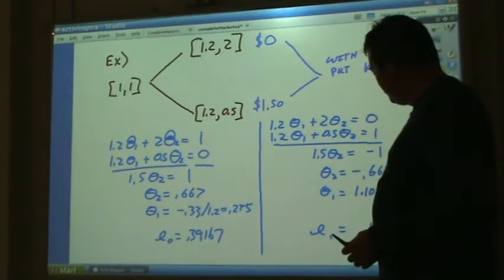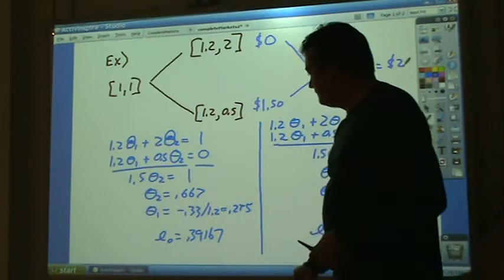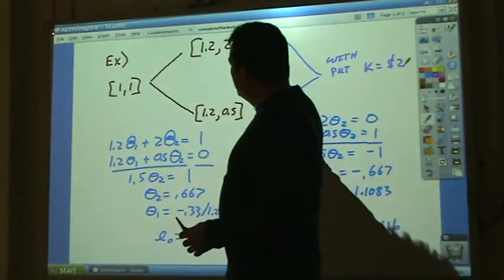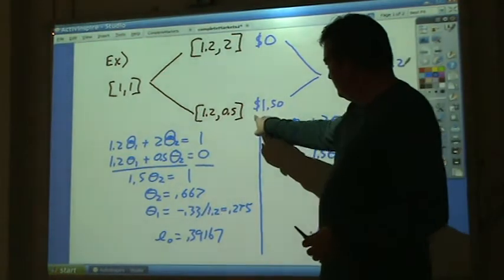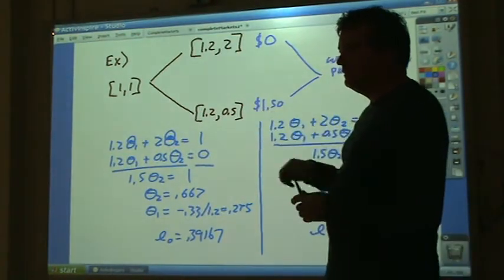If the stock market goes up, we get 0. If the stock market goes down, we get 1.5 times $1, which is exactly this payout.